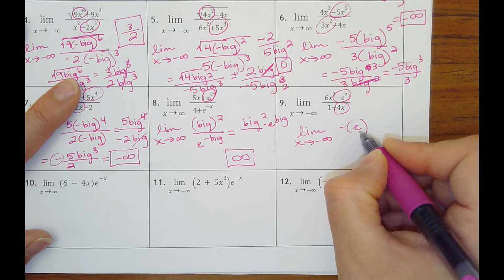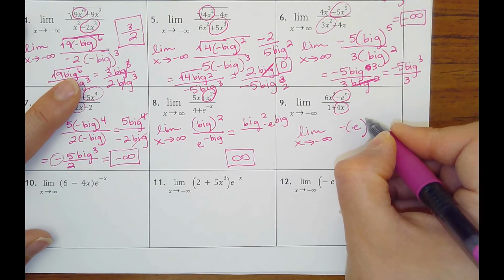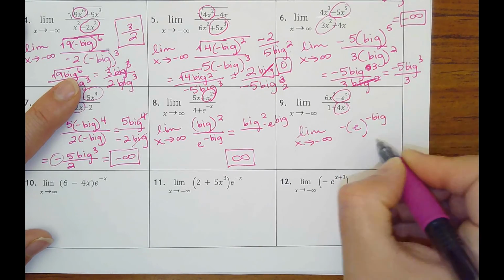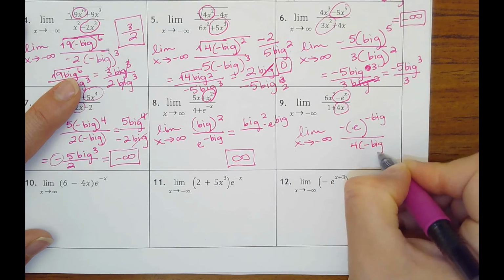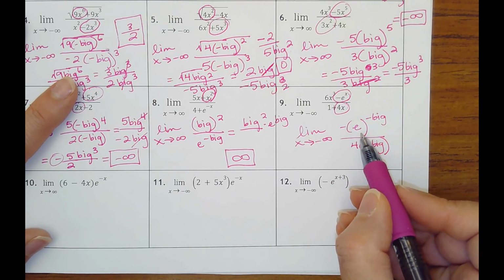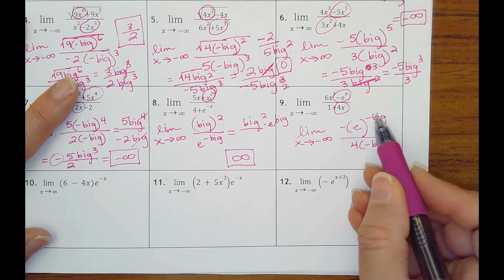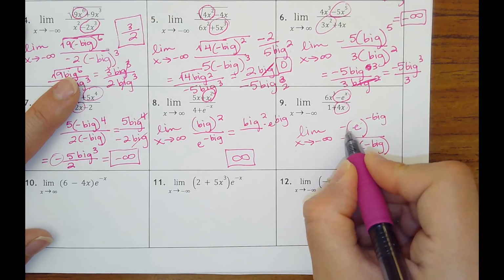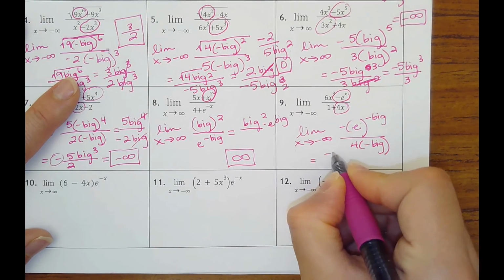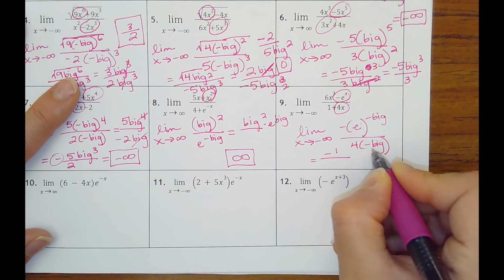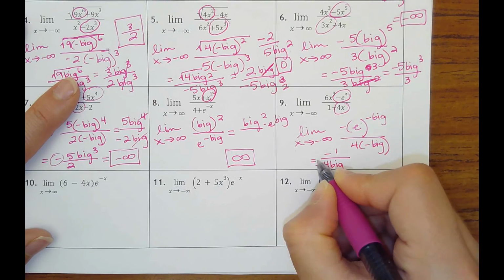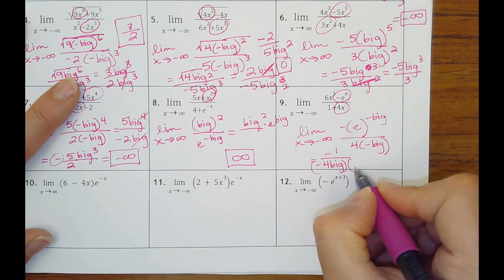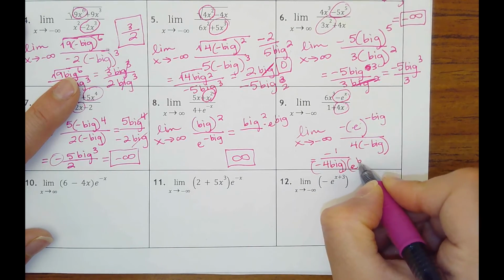Negative E to the negative big power over 4 times negative big. Okay, so again, this would sink to the bottom, but I would still have a negative on top, so I'll put a negative 1. This would multiply to be a negative 4 times big, and then this times E to the big.